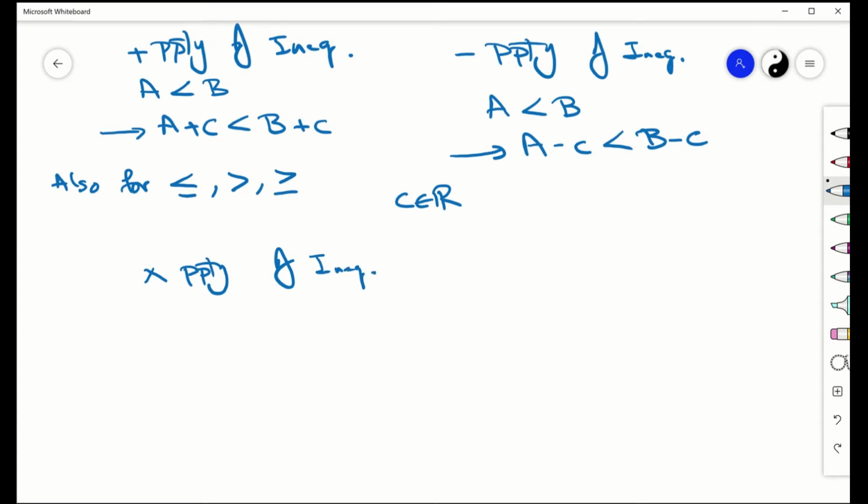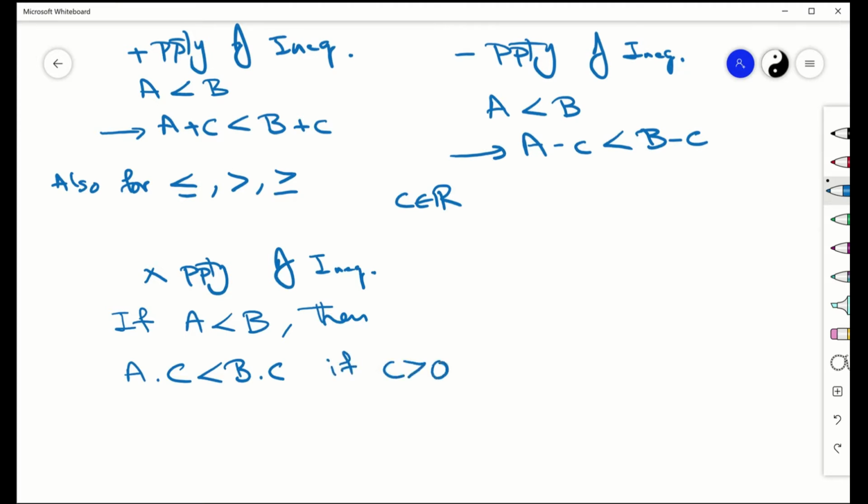Which says the following: if a is less than b, then a times c is going to be less than b times c. And this is where you have to be really careful with inequalities, because that's true only if c is positive.